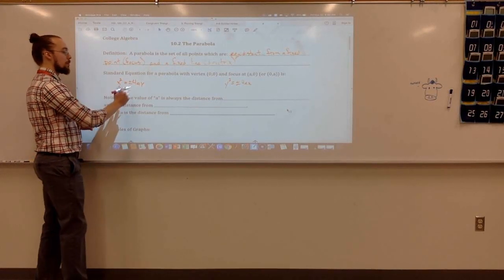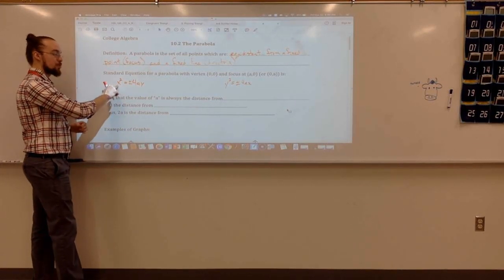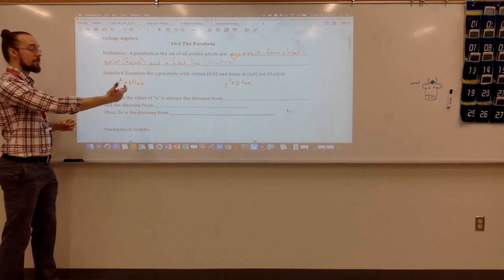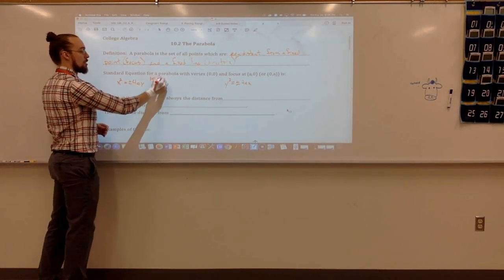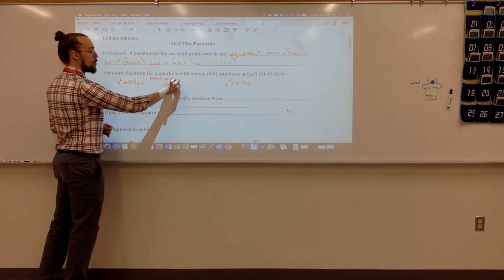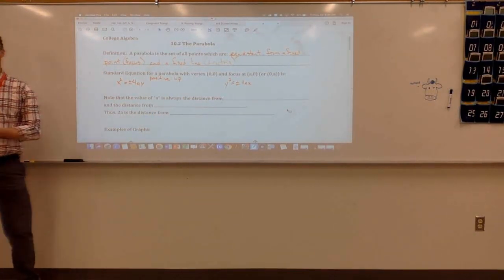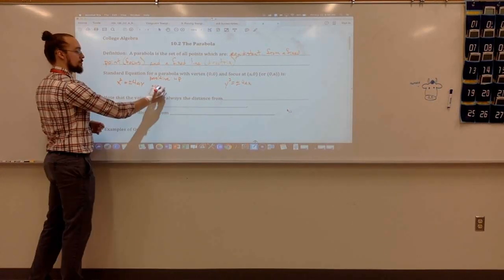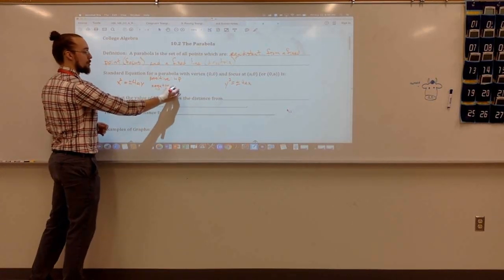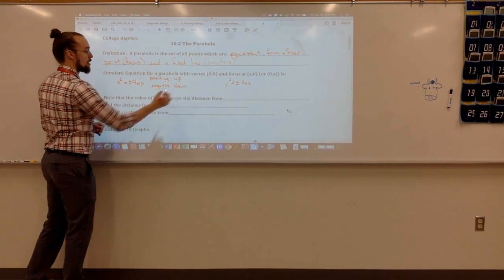So in this format, if x is squared and the right side of the equation is positive, my parabola is going to open up. If x is squared and negative, my parabola is going to open down.